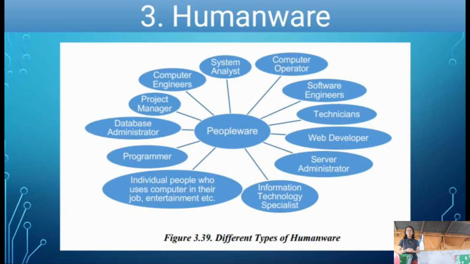Next is a software engineer. A software engineer is responsible for the design and development of software for computers, including testing and evaluating. They develop business-specific applications, computer games, and operating systems.